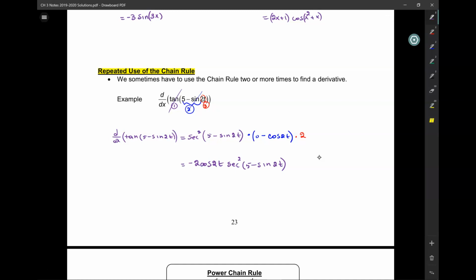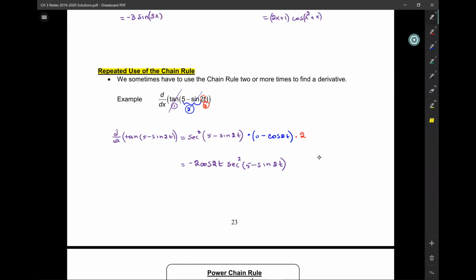Why do you have the times 2? Because that was the derivative of 2t that you just mentioned. Right? Because it's not sine of t, it's sine of 2t. So I need to take the derivative of sine of 2t times 2.